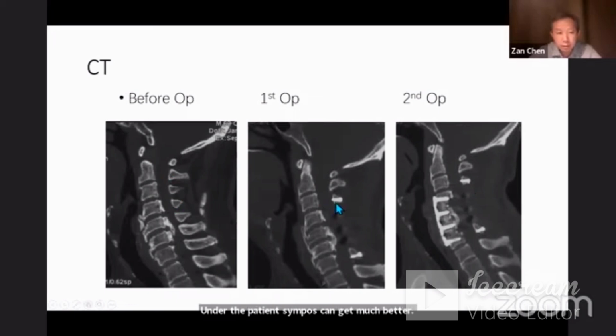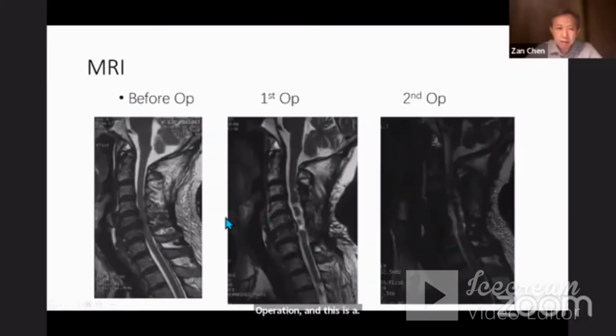This is before operation, after the first posterior decompression operation, and this is after the second anterior decompression operation. And this is how the spinal cord decompression changed. We can see after the first operation, the anterior side still has some compression, but after ACCF, the compression is totally relieved.